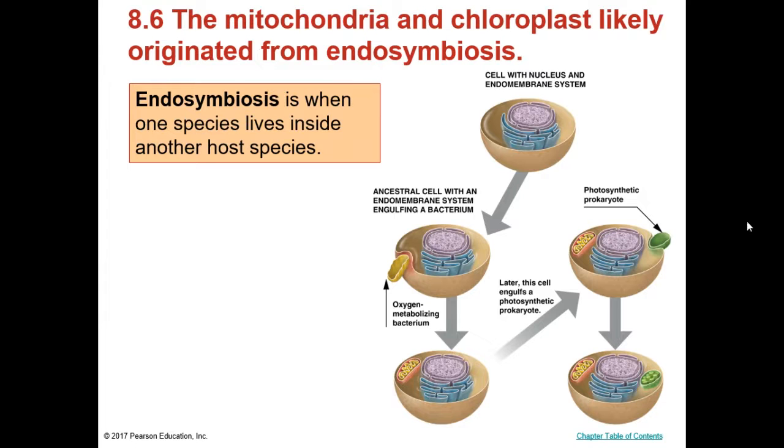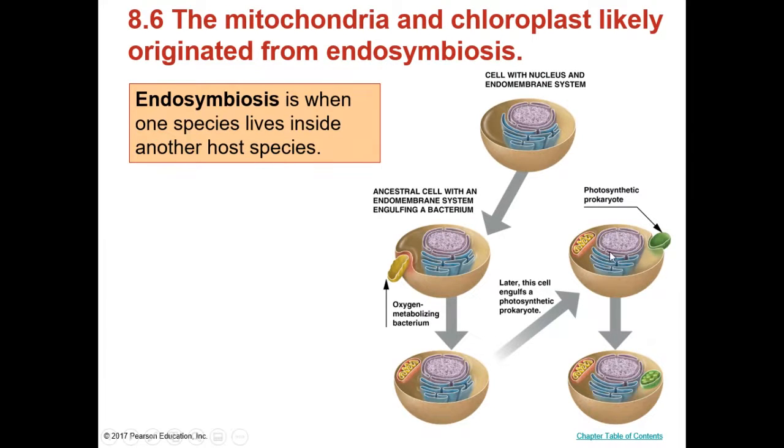So positive that the oxygen metabolizing bacteria, with its ability to produce ATP, became mitochondria, and the other became a chloroplast. That diverged into what we know nowadays as a eukaryotic cell. Being able to make a lot of ATP with these two organelles allows you to become a large, multicellular organism.